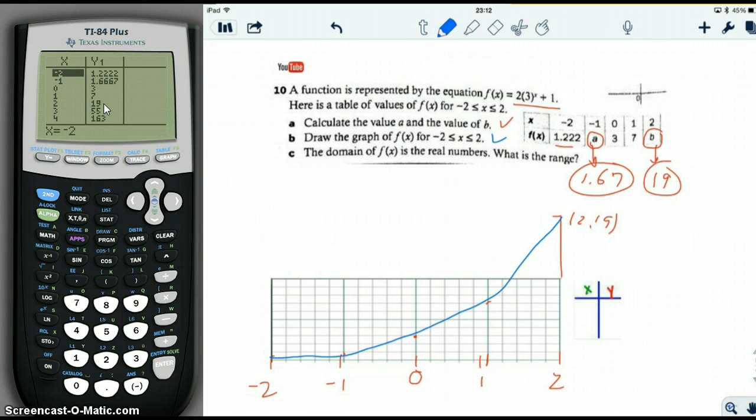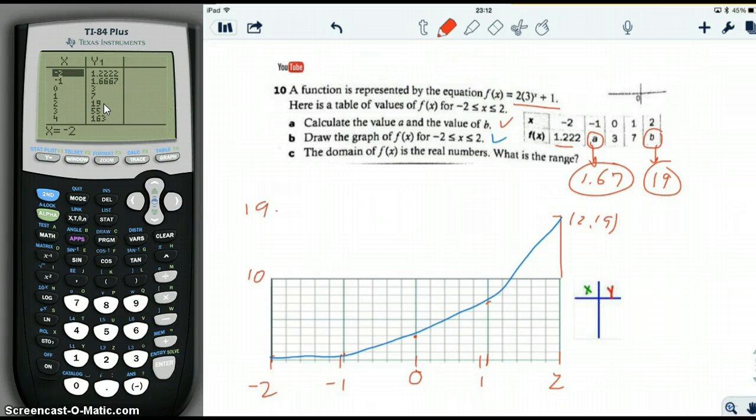Now the domain of f of x is the real numbers. What is the range? Okay, well, it's kind of weird. I think I just made a mistake when I graphed this, because the height of here is 10.